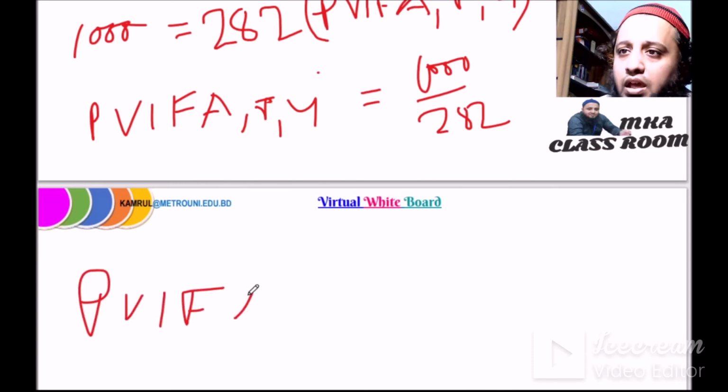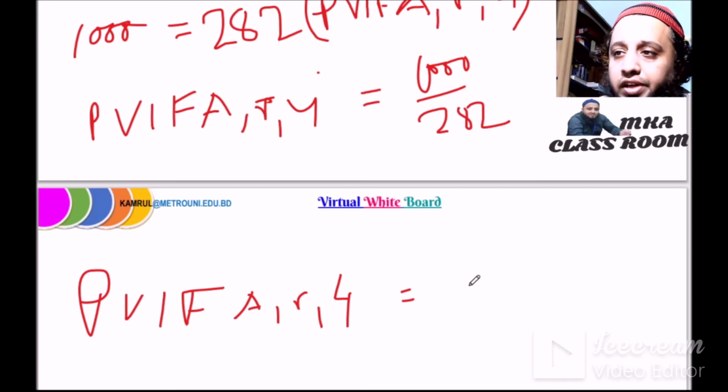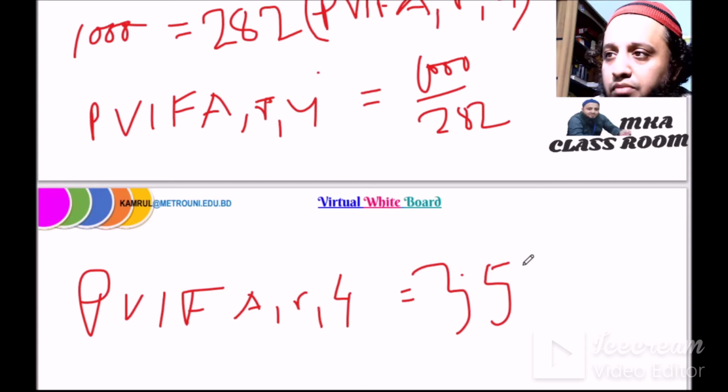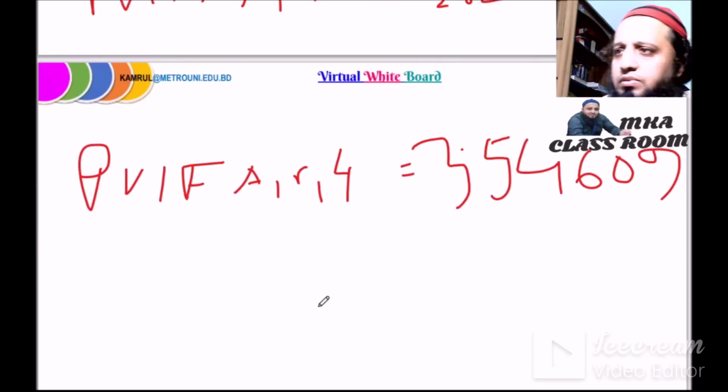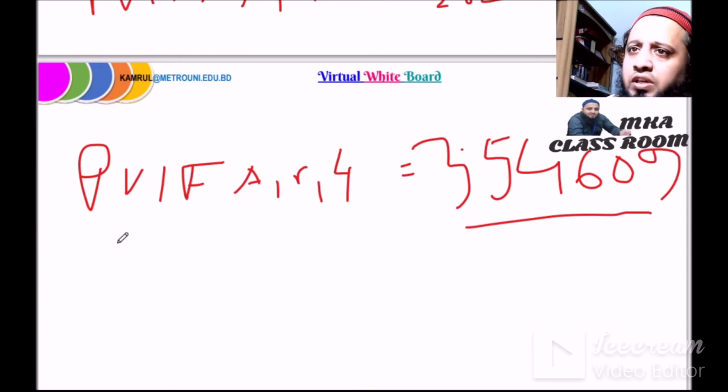PVIFA R 4 equal to 3.54609, or any other, no problem. So what will happen? You have to search this value in this table. That would be our required rate of interest, PVIFA table.